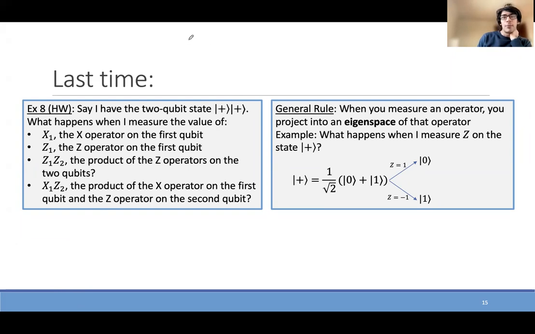That's correct. Because remember, X acting on the 0 state gives me 1, and X acting on the 1 state gives me 0.